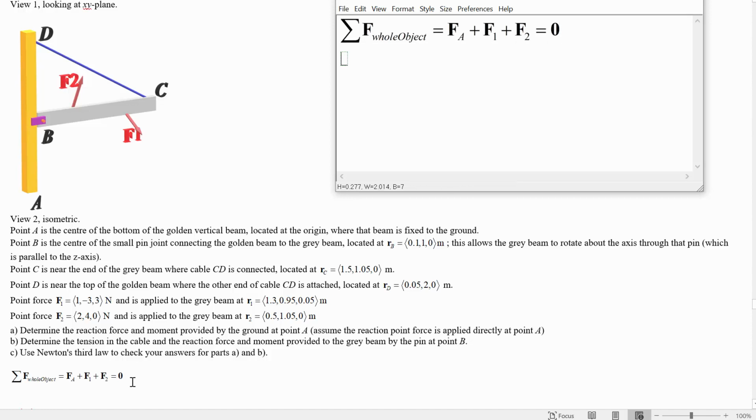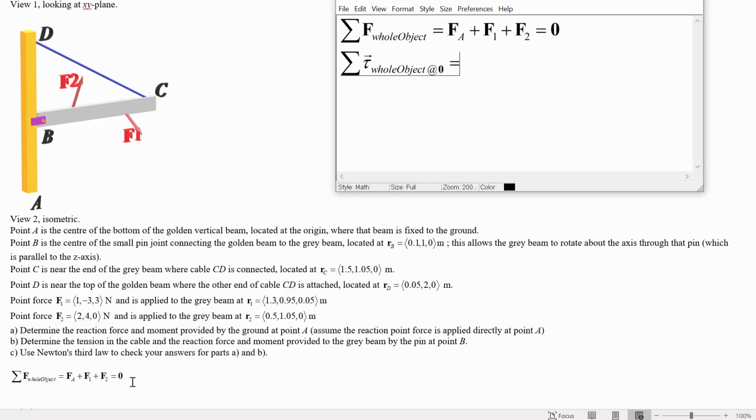And we also have that the torque about any point on the whole object has to be 0. So the sum of the torques on the whole object at maybe the origin has to also be equal to 0. And what will that be?